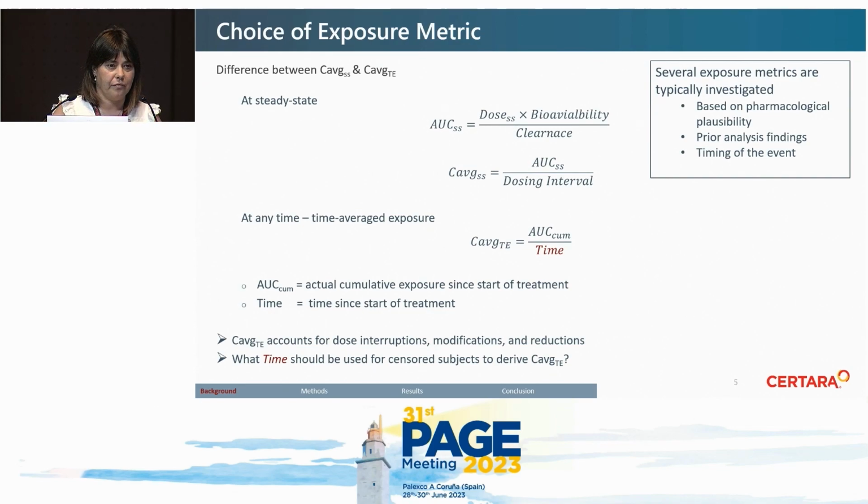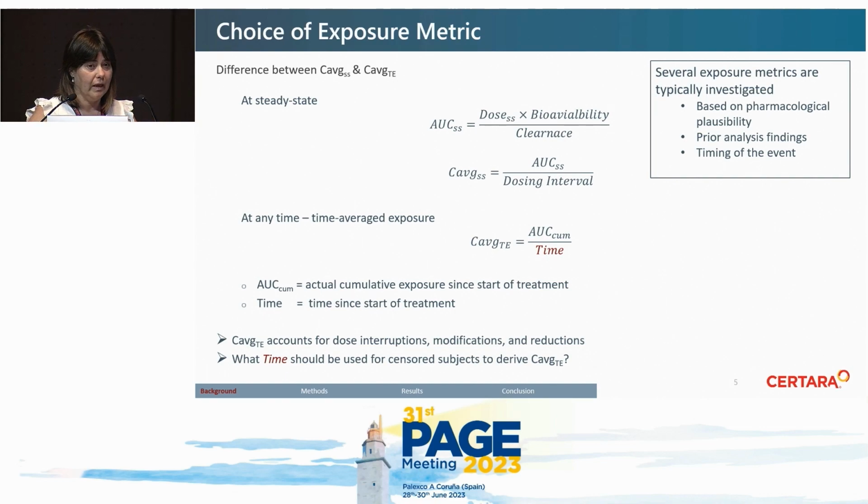That is derived from the AUC at steady state. And the AUC at steady state is the nominal dose that is given to a patient times the bioavailability, of course, divided by clearance. And then the average concentration at steady state is derived from that AUC at steady state divided by the dosing interval.